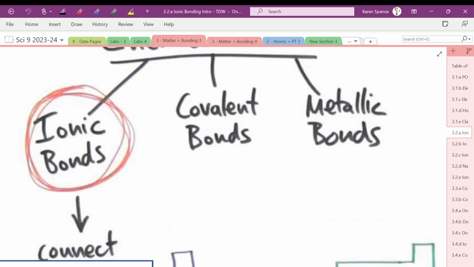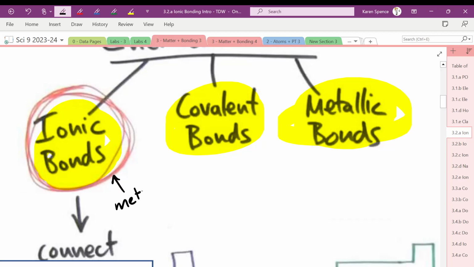We have covalent bonds and we have metallic bonds. So three types of bonds. 1, 2, 3. Ionic bonds are between what? Metals and non-metals. I'd like you to take a guess as to what metallic bonds are between.